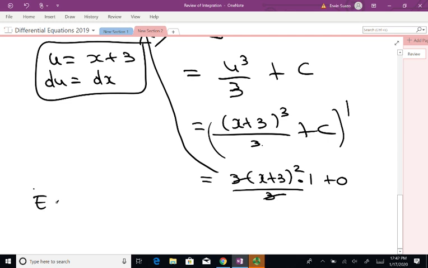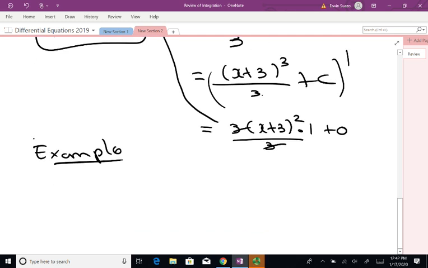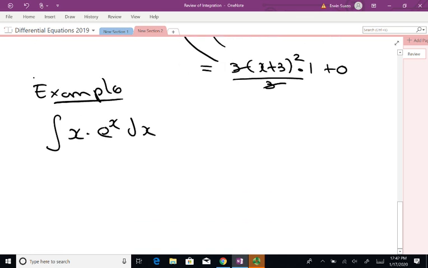So another example, we're going to find the integral of x times e to the x dx. Okay, so let's remember what integration by parts is. With integration by parts you have the integral of u dv. It turns out that you can write this as u times v minus the integral of v du.